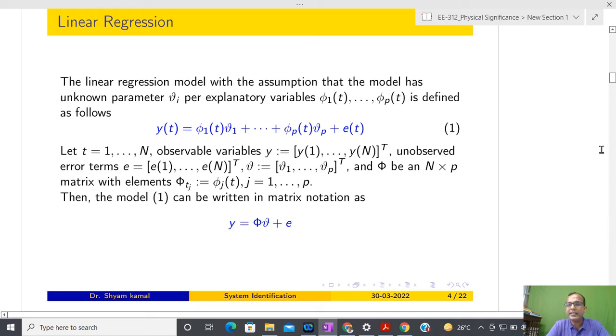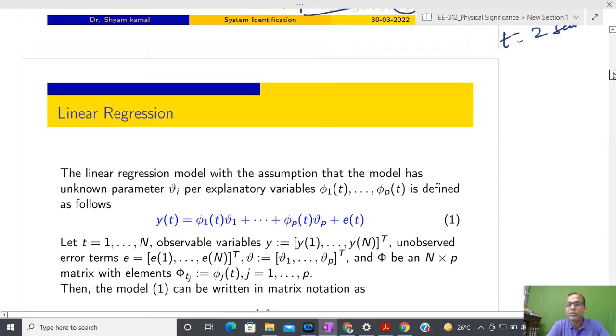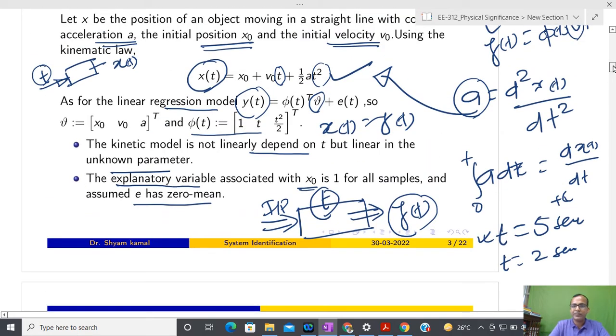Here you can see that everywhere I have formulated only the static relationship. It means that if I give t, then at that time what is x(t), and after that we collect the variables in such a way that I get a linear model with respect to some unknown variable, and only these variables I now have to estimate based on the knowledge of 1, t, t square by 2.